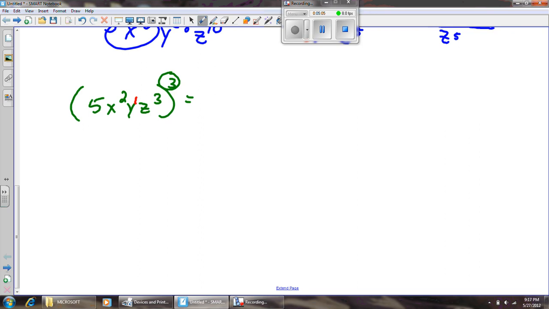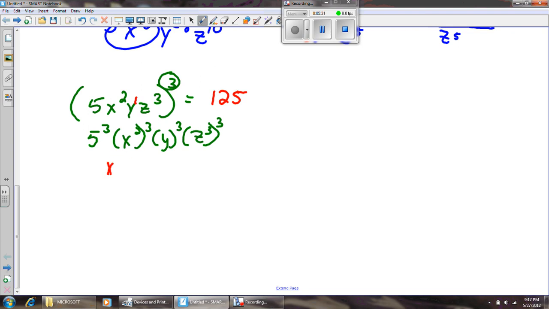This is like 5 cubed. And then this x squared is being cubed. And the y is being cubed. And the z cubed is being cubed. That's a long way of doing what I'm going to do. Well, 5 cubed is 125. All right, x squared cubed.